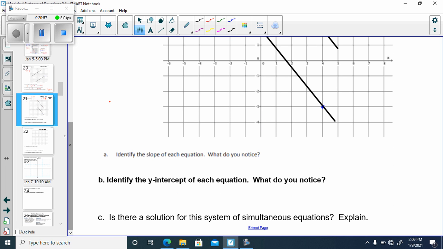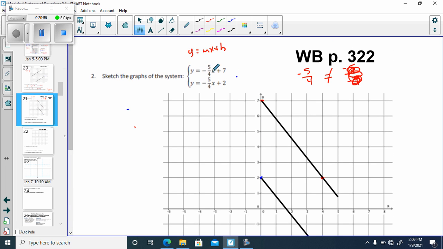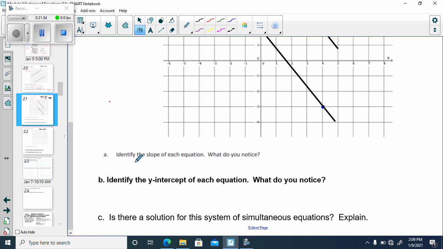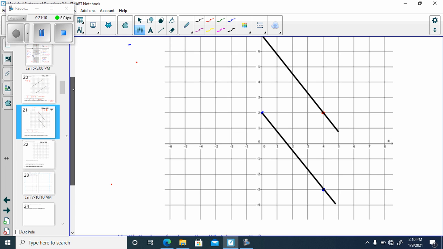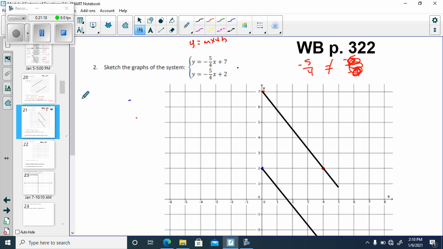Identify the slope of each equation. What do you notice? Our slopes are negative 5/4 and negative 5/4. They are the same, aren't they? Identify the y-intercept. What was the y-intercept? 7 and 2. See? 7 and 2.